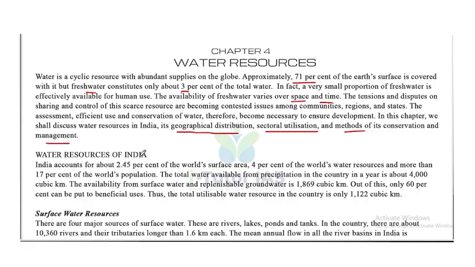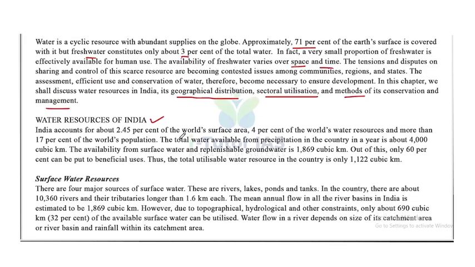So, first one is water resources of India. India accounts for about 2.45% of the world's surface area and 4% of the world's water resources and more than 17% of the world's population. The total water available from precipitation in the country in a year is about 4,000 cubic kilometer.